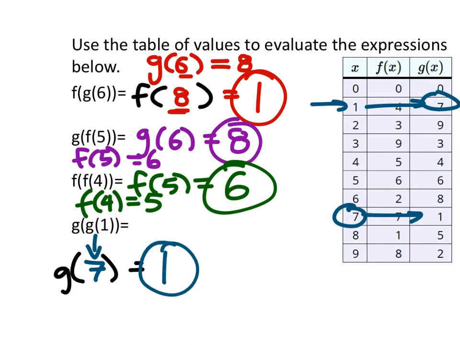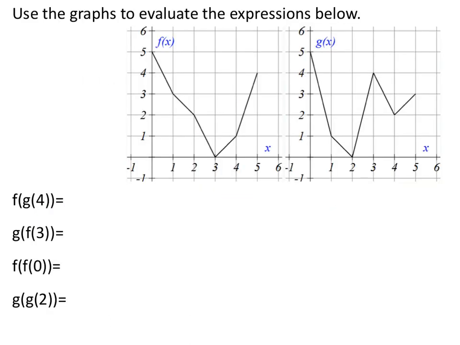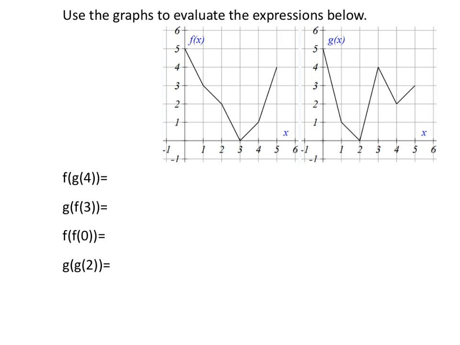Well, we're going to do the same thing, but now with graphs. Okay, so again, we know the x values are along the x-axis right here. And our y values now are f of x or g of x, depending on which one it wants us to figure out. All right, so this first one, we've got f of g of 4.